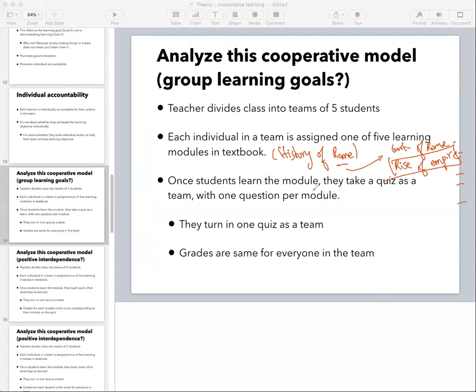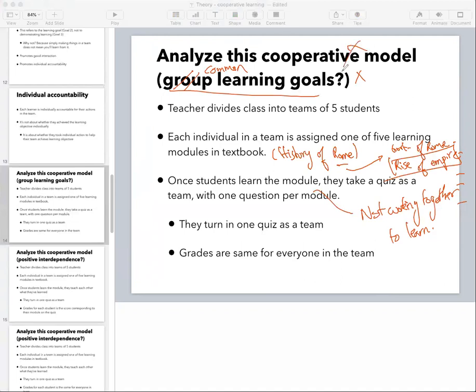So they aren't working together really to learn. They are working together to take the test, but they're not working together to learn. So this isn't cooperative learning because it does not have common learning goals. So this isn't cooperative learning at all.